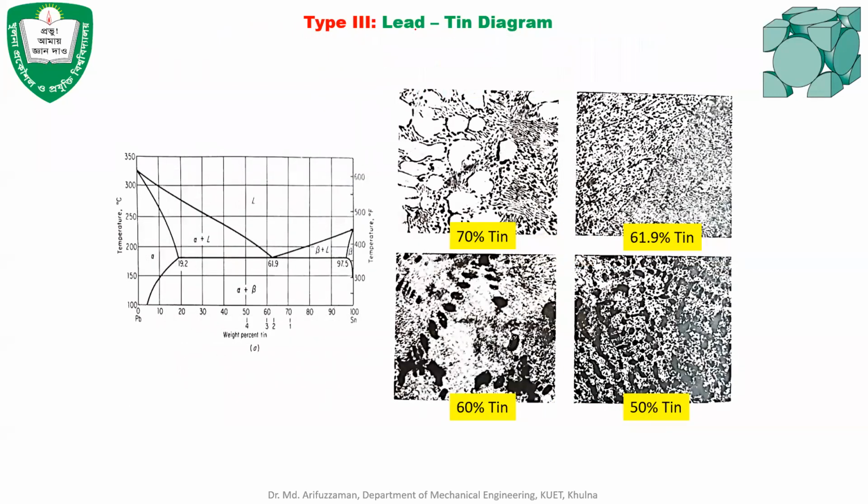Like if you look at the lead and tin diagram, we'll see that a significant amount of tin can be in the matrix of lead, but in the matrix of tin at below temperature 300, it is not possible to hold the atoms of lead in the crystals of tin. So there might be different variations, but the basic is the same.